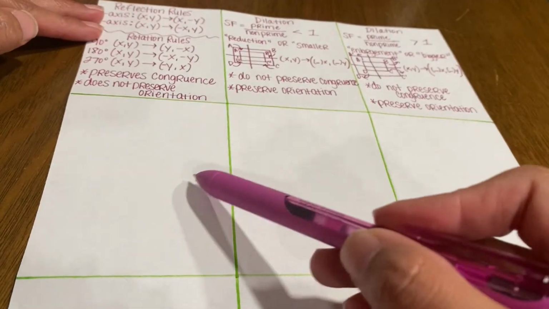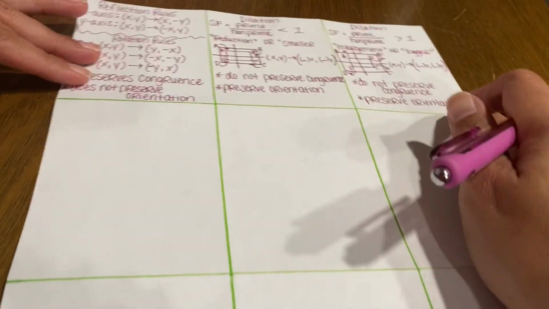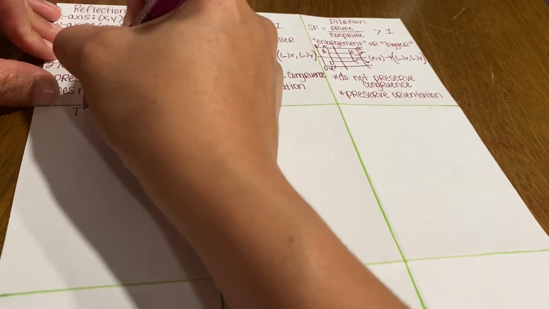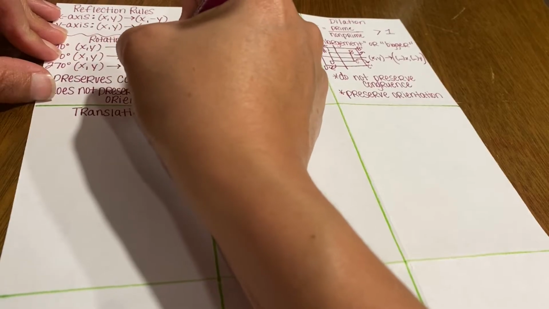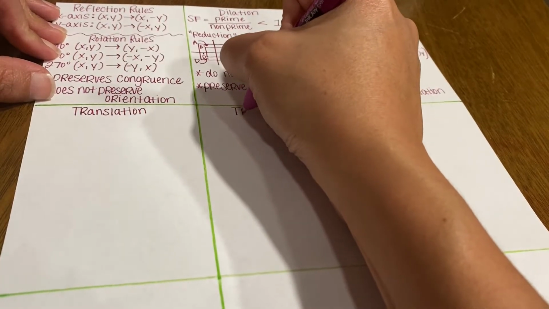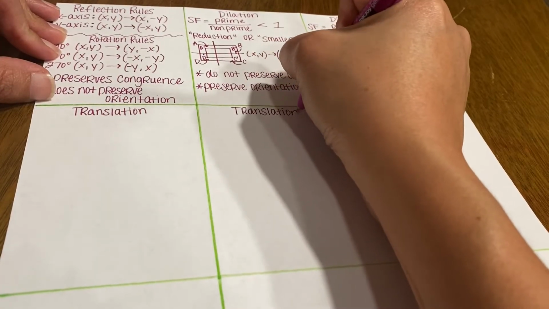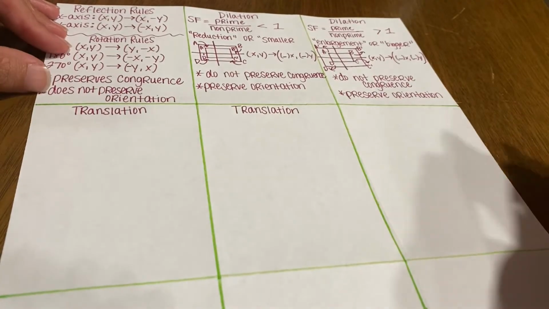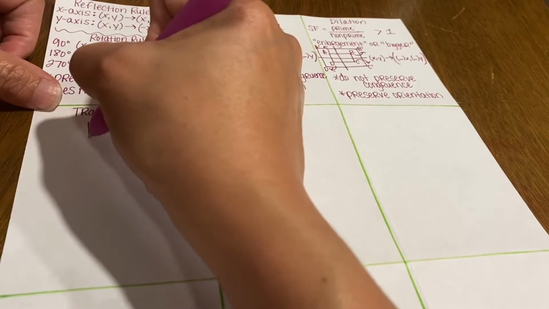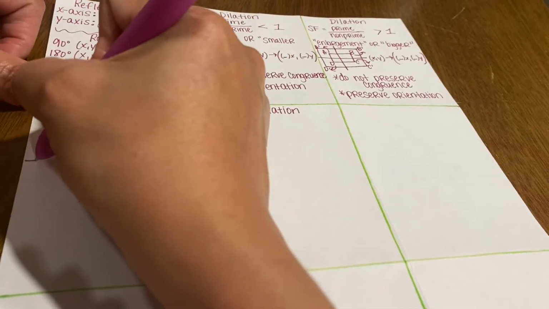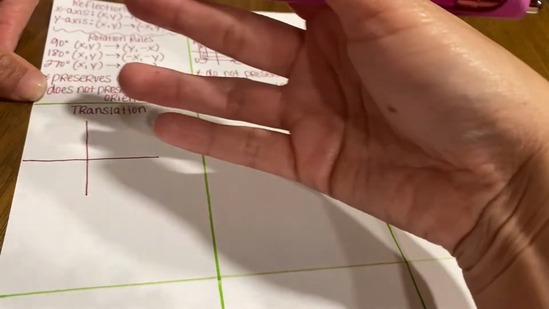In these two boxes underneath, we are going to talk about translation. So label both of them translations. In this box, we're gonna put an example of what it looks like on a graph. So draw a graph, and this time make it a little bit bigger. For translations, we need to have some room to show that the figure is shifting.